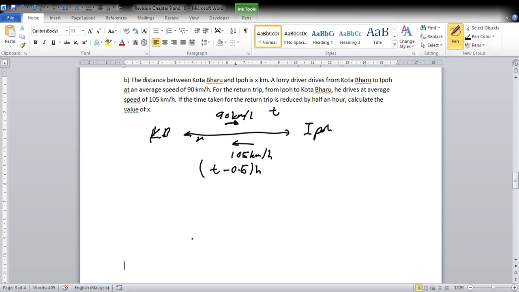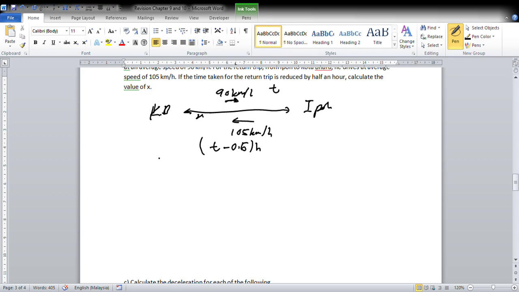After this, we are going to make a relation between these two situations. For going and returning, they have the same distance.